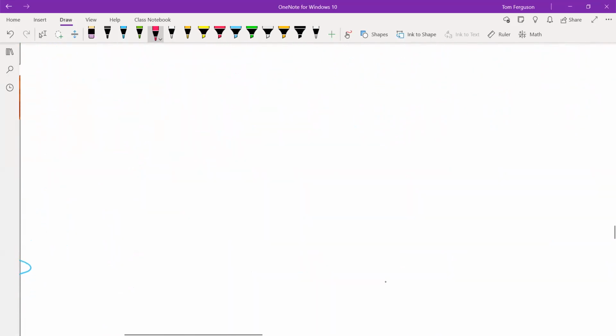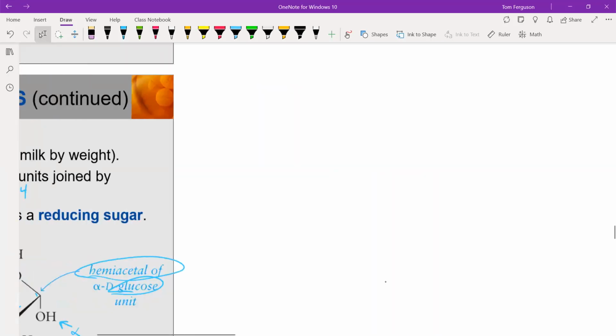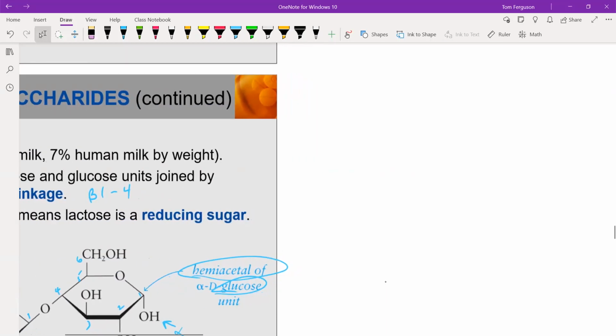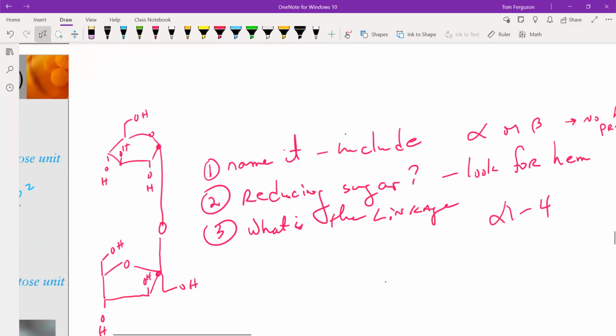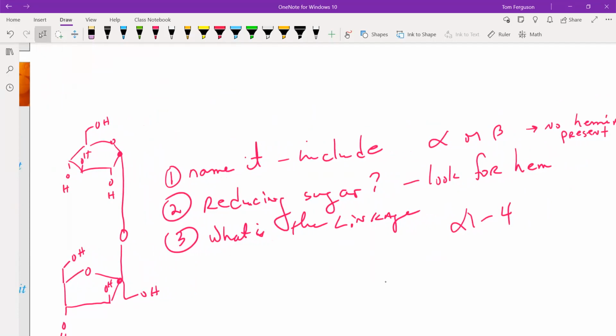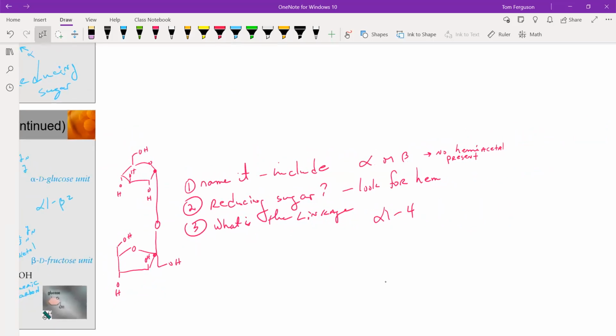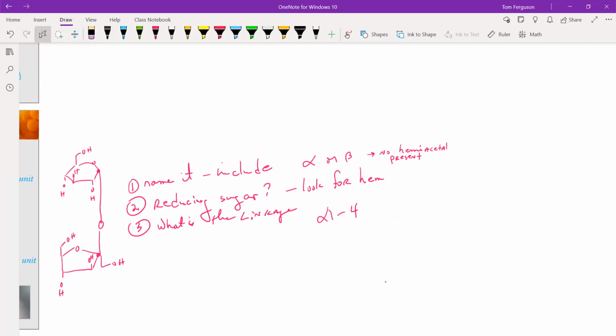So since fructose does not have the hemiacetal present, it's neither alpha or beta.